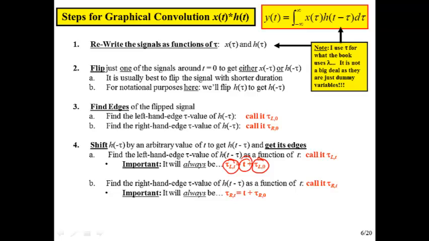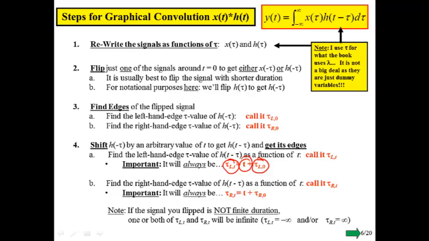And likewise, the right-hand edge is also just the non-shifted right-hand edge with t added to it. So if the signal that you flip is not finite duration, you could have an edge that is either minus infinity or plus infinity. So you'll have to keep track of that.